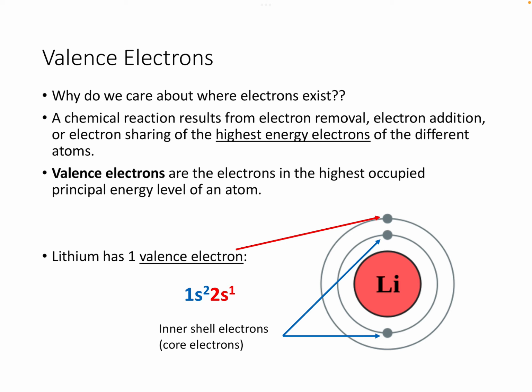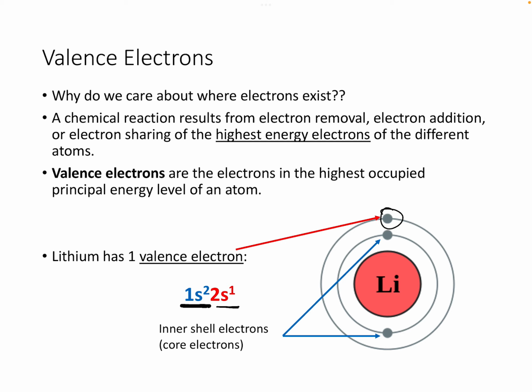So, for example, looking back at lithium down below, we said that the first 2 electrons live in room 1s, in the lowest energy room, or subshell. And its 3rd electron lives in 2s. So that's going to be our highest energy electron, the one that lives in the highest energy subshell.